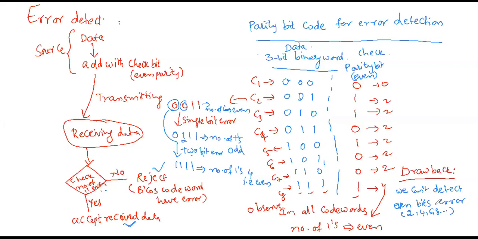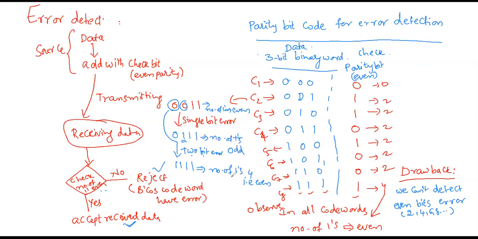Okay. This is the error detection one with parity bit code. So what you have to do? Whatever the data given to you, you have to add a check bit to the data, then it will be converted to the code word. Now the code word you have to transmit, and at the receiving end it will check whether the number of ones is even or not. If yes, it accepts the data; if no, it rejects the data.